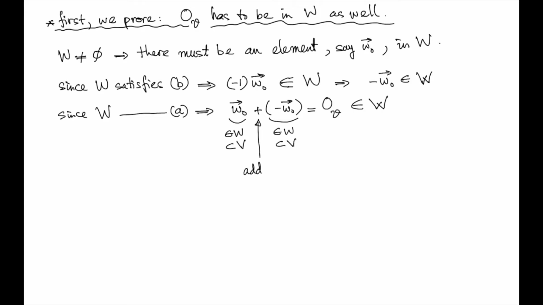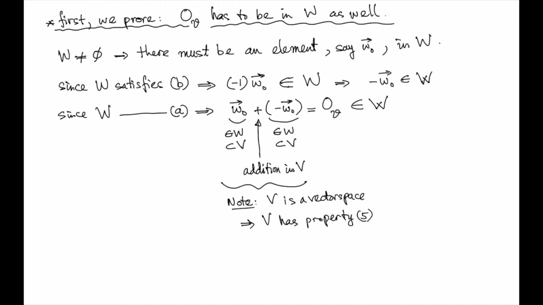This is the addition in V. And so if you add two opposite vectors in the vector space V, the big vector space, by the addition in the vector space V, you will end up having the zero vector inside V, right? Add two opposite vectors, you get zero of the vector space. All right, so that's good because we have already proven that the zero vector in V now has to be in W.